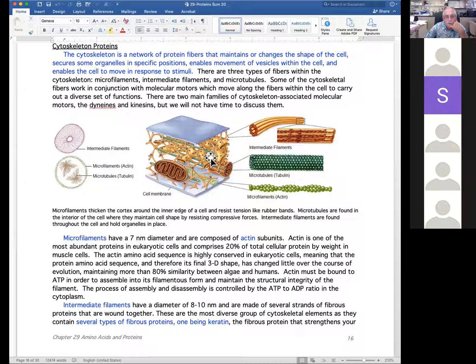Matter of fact, when I was a graduate student, one of the faculty members here at UH in biochemistry and biophysics discovered dynein. He discovered it.